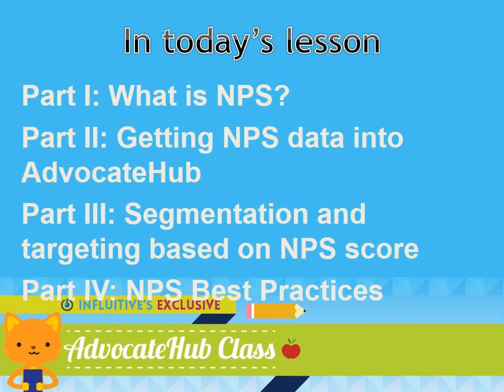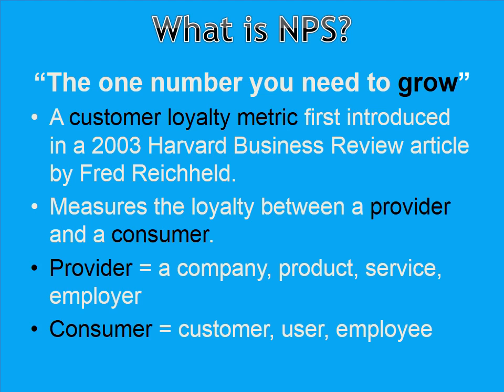Let's begin by first talking about what NPS is. NPS is known as the one number you need to grow, or so says Fred Reichheld. He is the person who first introduced the concept of NPS in a 2003 Harvard Business Review article. It is essentially a customer loyalty metric. So it measures the loyalty between you and your customer, a provider and a consumer.